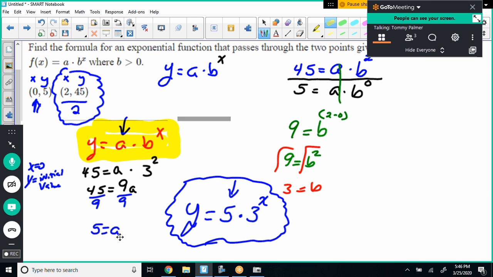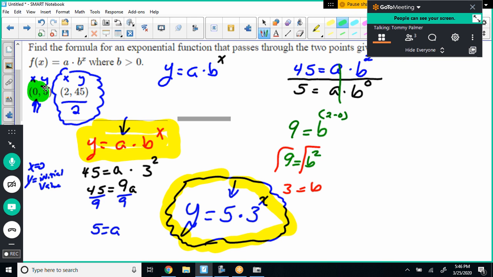Now that I know what a is and what b is, I can write the equation. That's what I did right here. Now, I want to point out one thing. Anytime you have x as 0, the y value is the initial value. Because if you think about it, when x is 0, nothing has started. That is the beginning.